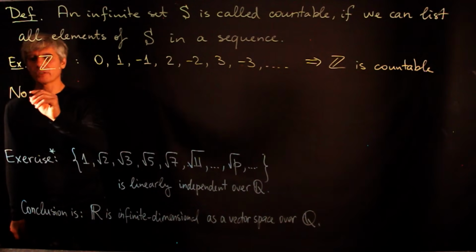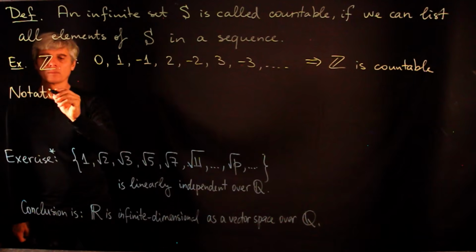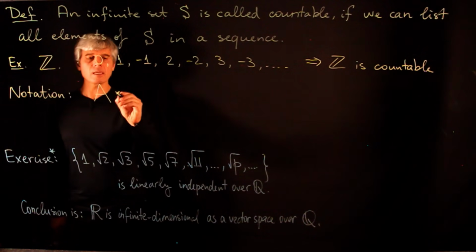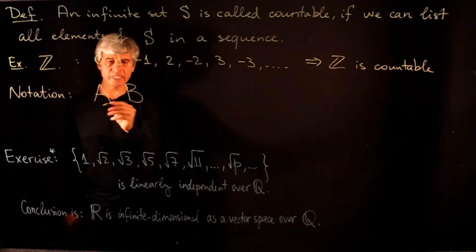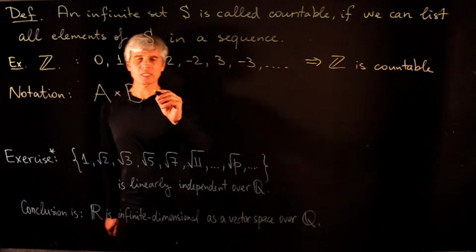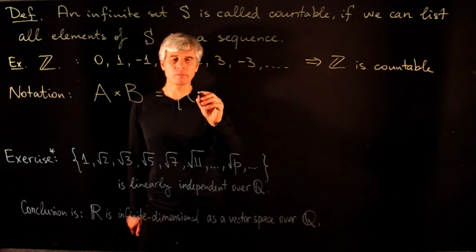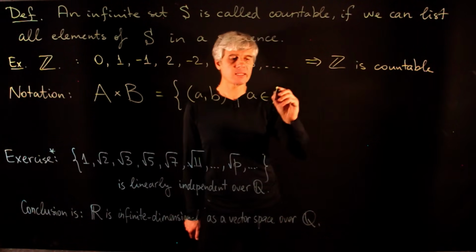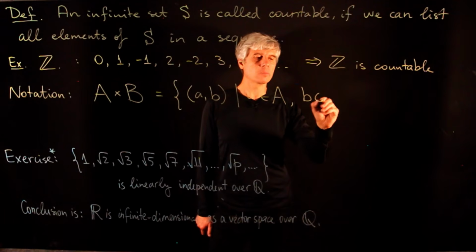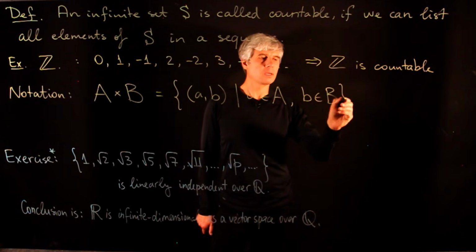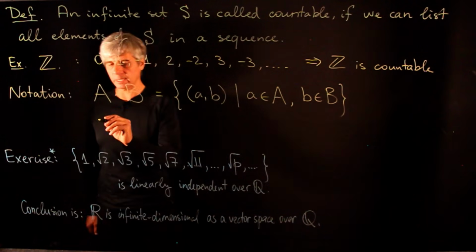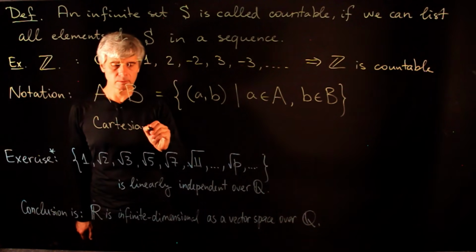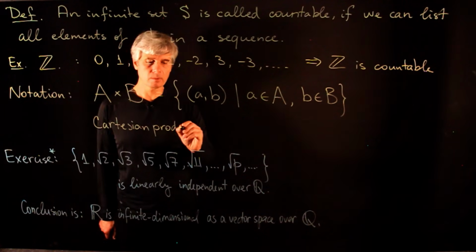Let us just recall notation. A cross B for two sets A and B is the set of pairs (a, b), where a belongs to the set A and b belongs to the set B. Right? So this is what is called the Cartesian product of two sets.